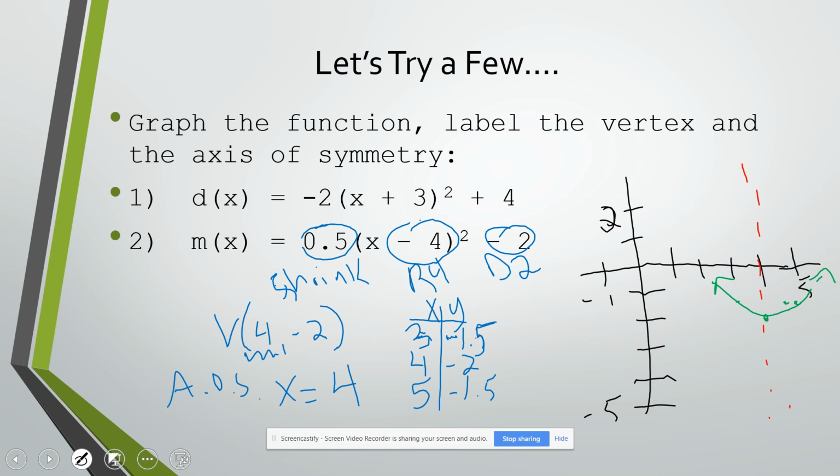And then my axis of symmetry at either one of those at x equals 4. Make sure you label that axis of symmetry.